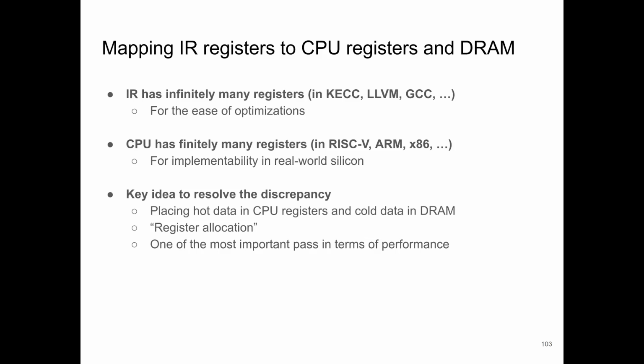That is basically the high-level goal of this optimization. And this kind of placement is called register allocation because we are allocating CPU registers to IR registers. And as I said, it is one of the most important passes in terms of performance of a compiler.